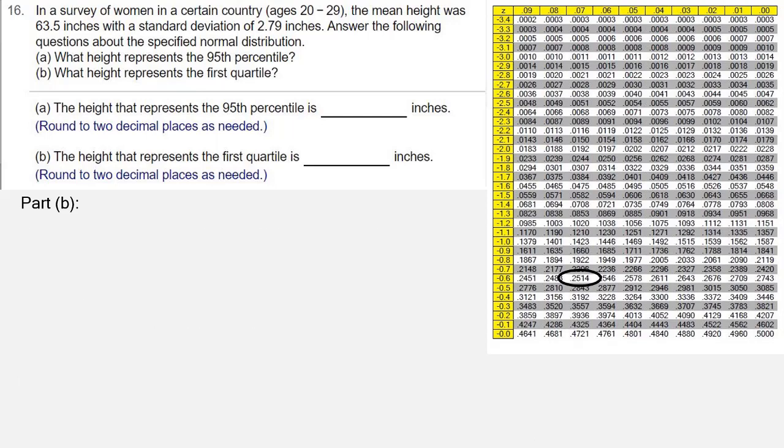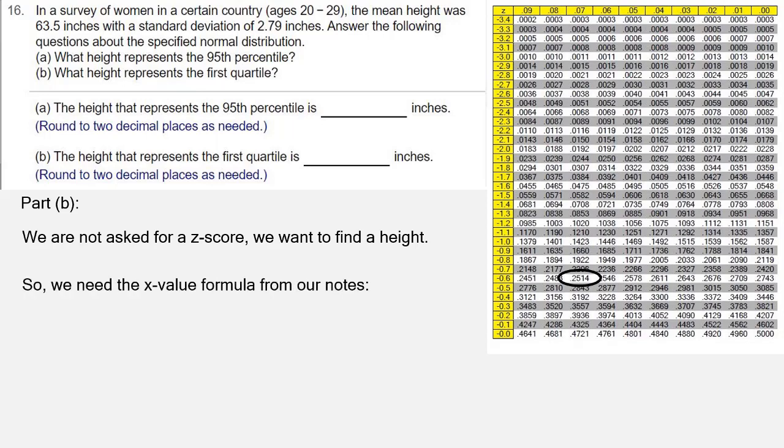So that means we're going to look to our x-value formula. In this case, x is going to equal mu plus z times sigma. Mu is 63.5 inches, sigma is 2.79, and we just found a z-score of negative 0.67. When we multiply the z and the sigma together, we get 63.5 minus 1.8693.